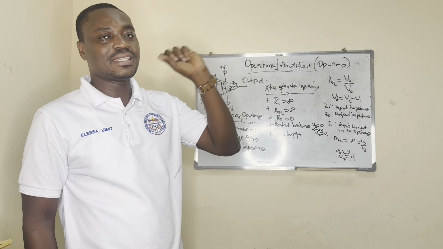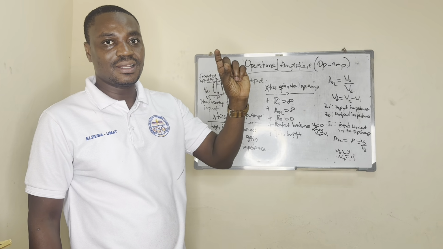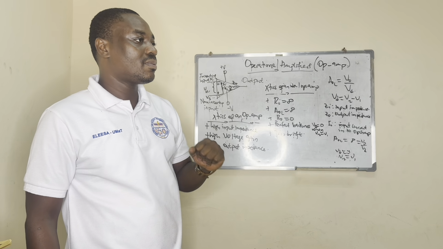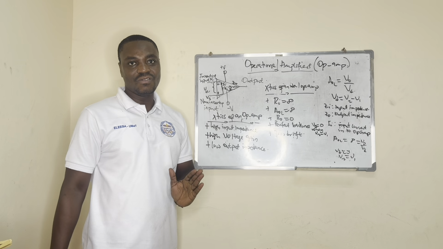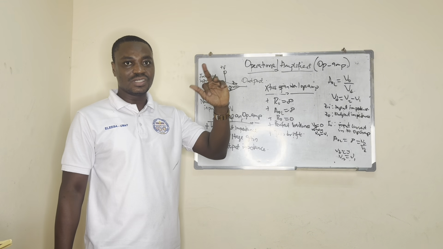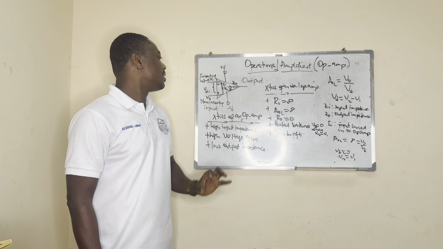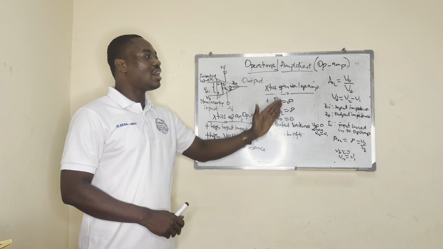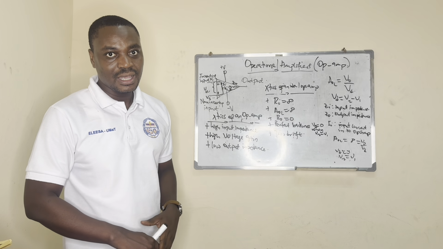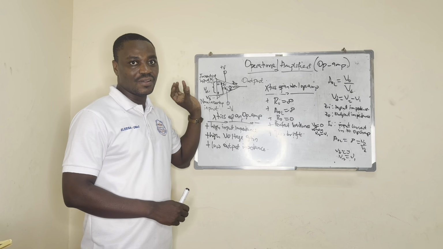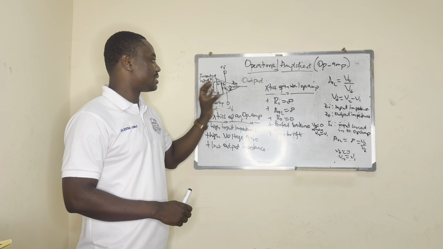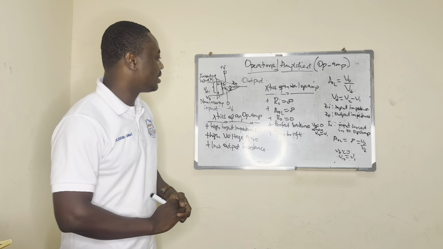So if I have an inverting terminal input, we can supply a voltage source to that terminal as well as to the non-inverting input. And the output in that situation is also going to be a voltage output. So the signal here is going to be a voltage signal.